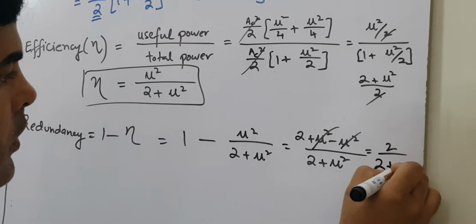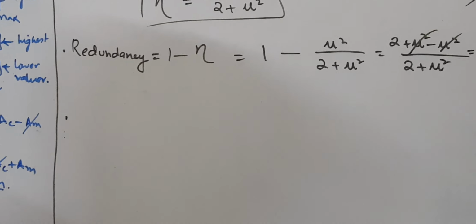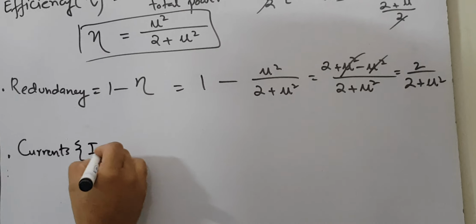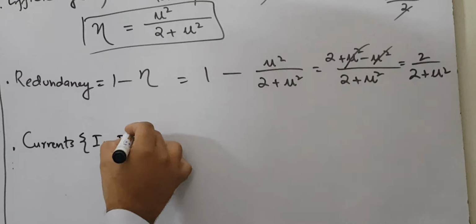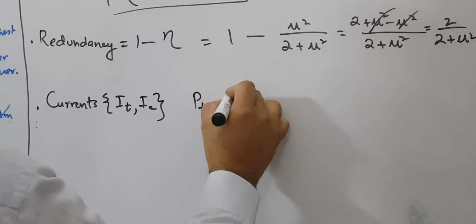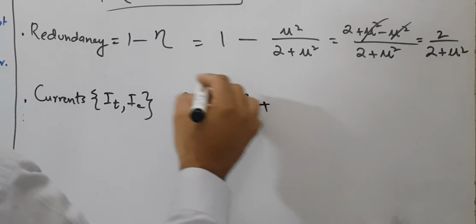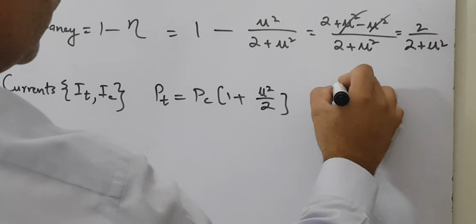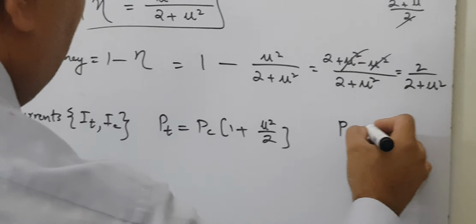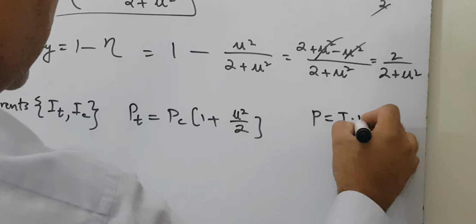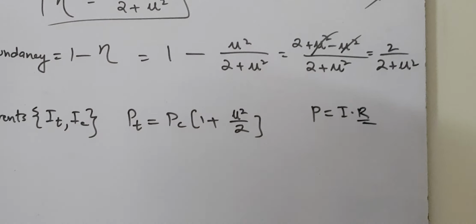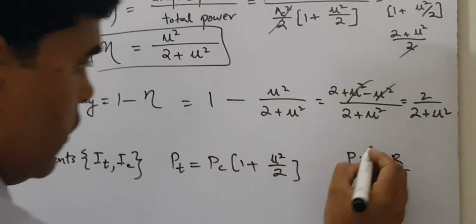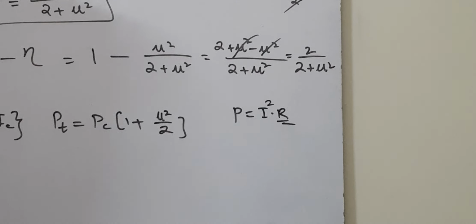The other one is that you can write it in terms of currents, meaning the total current and the current in the carrier. You know that Pt is equal to Pc times (1 plus mu square by 2). You know that power is the formula of current multiplied by resistance, I square R, where R is the radiation resistance of the antenna.